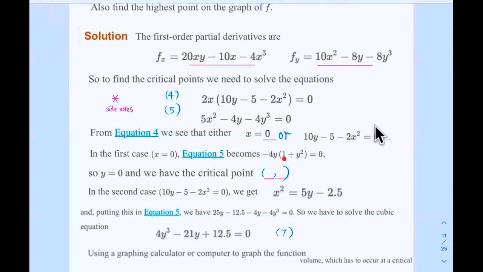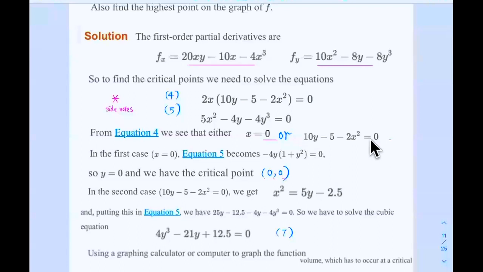It's always greater than or equal to 1. So the only possibility is that y equals 0. So if x equals 0, then y has to equal 0. So we have the critical point with x equal to 0, y equal to 0. Okay, so that's the first case. From this equation over here, we have the case x equals 0 or this factor equals 0. So x equals 0, we get y also equals 0, so we get that.